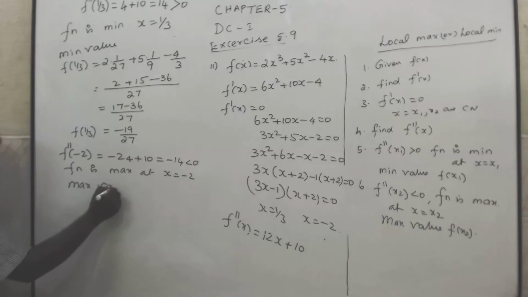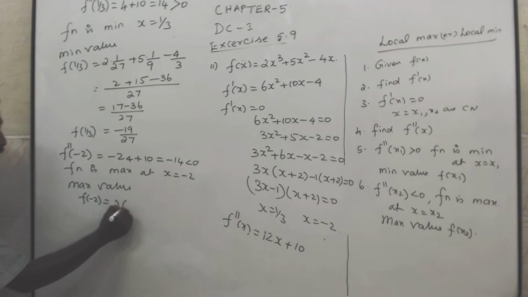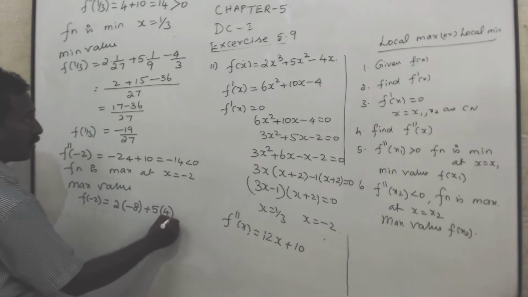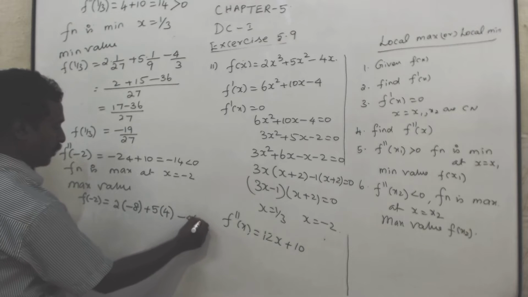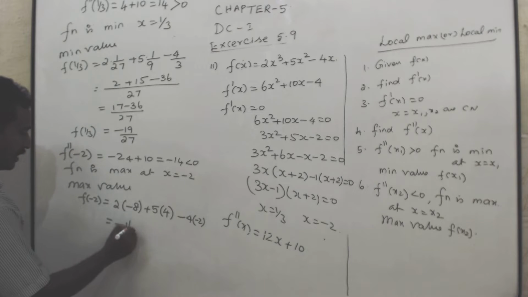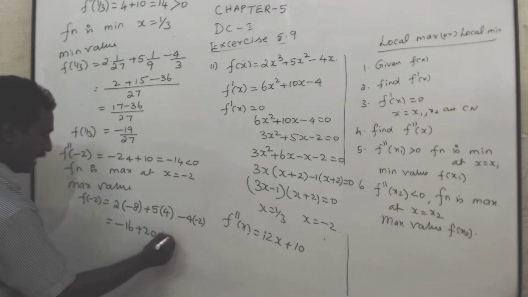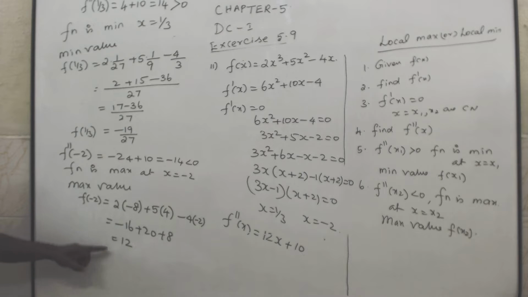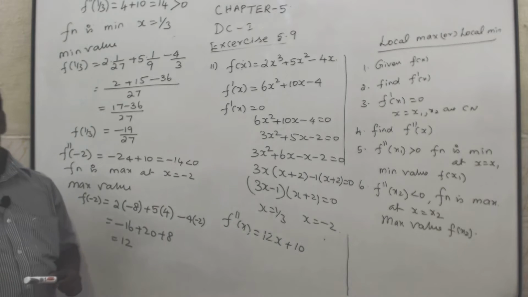Maximum value, that is f of minus 2. 2 into minus 2 cube is minus 8. 5 into minus 2 square is 20. Minus 4 into minus 2 is plus 8. Minus 16 plus 20 plus 8. 28 minus 16, that is 12.